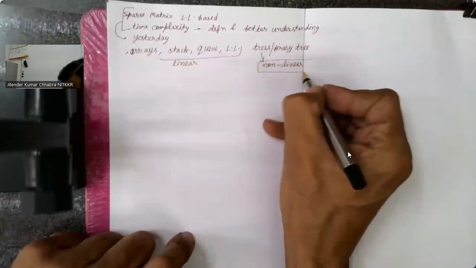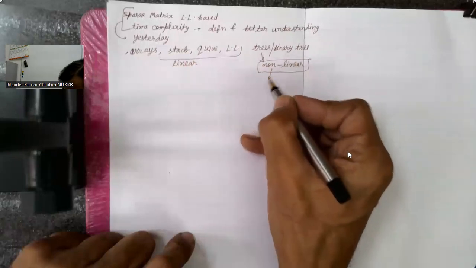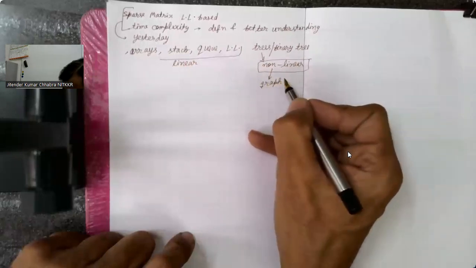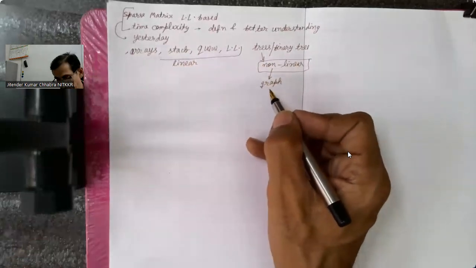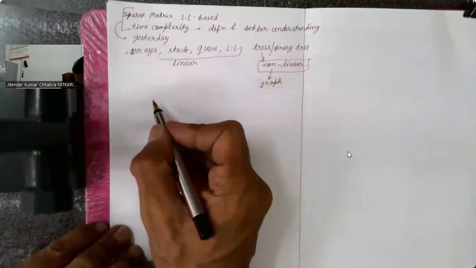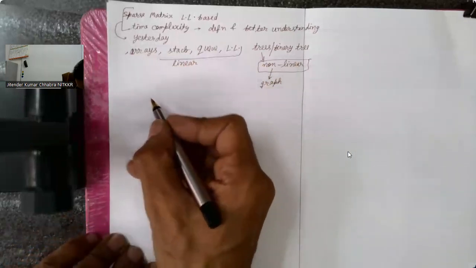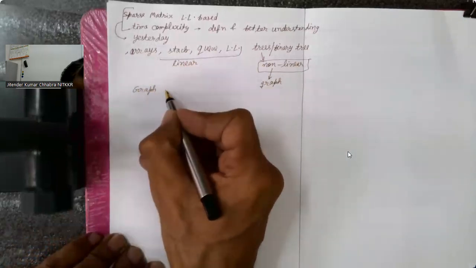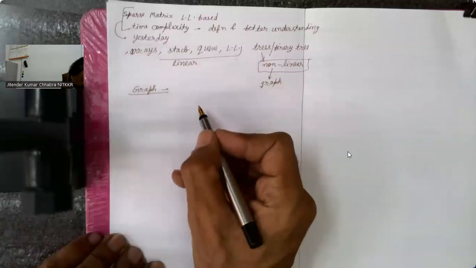In the non-linear category, there is another data structure called a graph. In this semester you don't have detailed programming on graphs, and in the next semester you will study graphs in more detail. But today I will discuss graph data structures and give an overview.